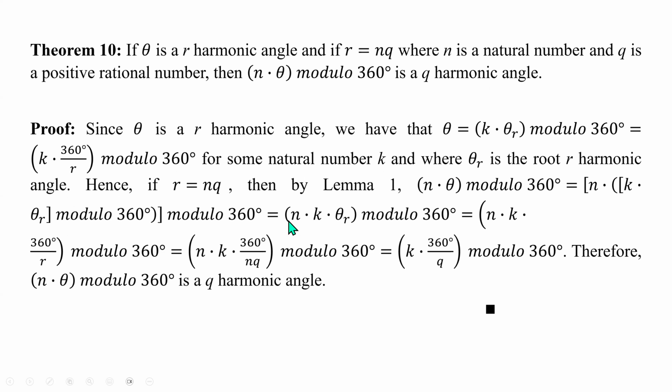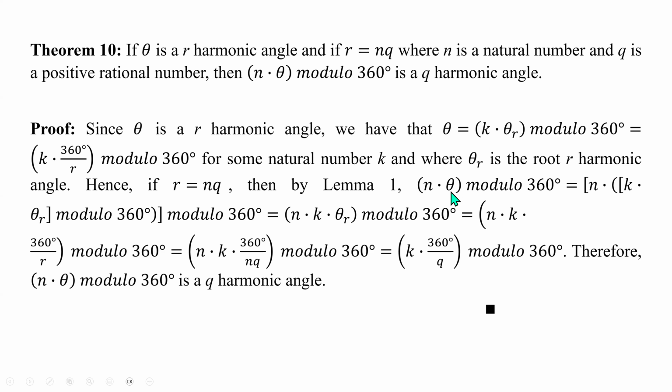This, in turn, is equal to n times k times theta sub r modulo 360 degrees, which is equal to n times k times 360 degrees over r modulo 360 degrees, which is equal to n times k times 360 degrees over nq modulo 360 degrees. Notice that we can put nq here since that is equal to r. So that replaces r.